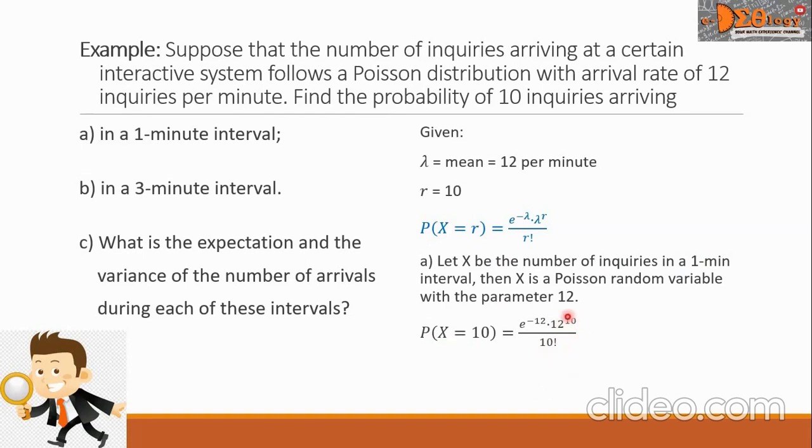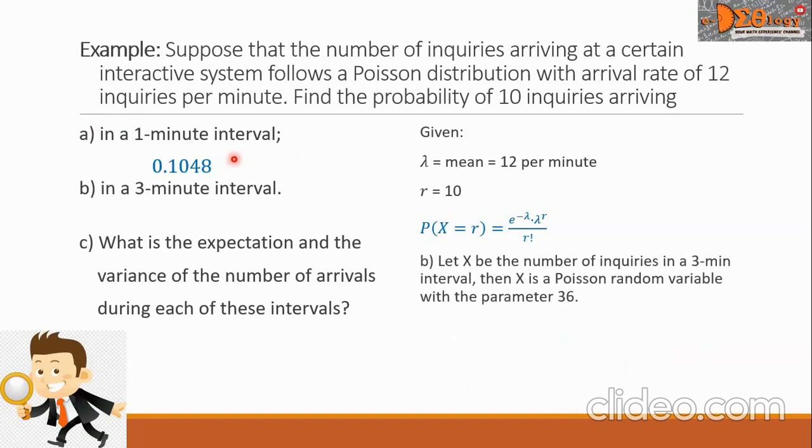Using our calculator, let us combine these two values in the numerator as 380,433.4342, while 10 factorial is 3,628,800. The quotient now is 0.1048. This is our answer. Let us copy this answer under letter A.